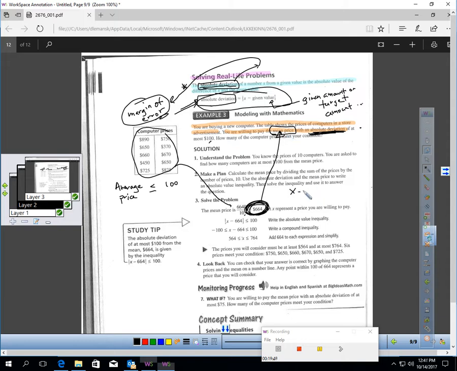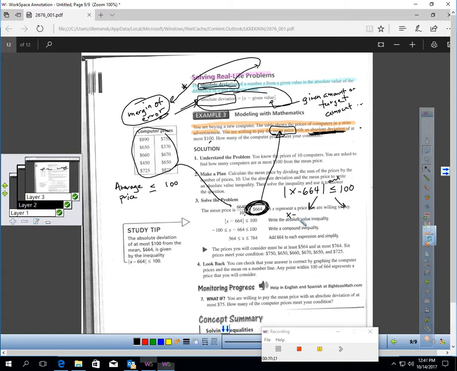So the absolute value of x minus 664 should be less than or equal to 100. So I want to pay $664 for this computer, but I'm willing to have a margin of error of 100 either way. All you need to do is solve this. So you're going to write your two equations. It's an and question.